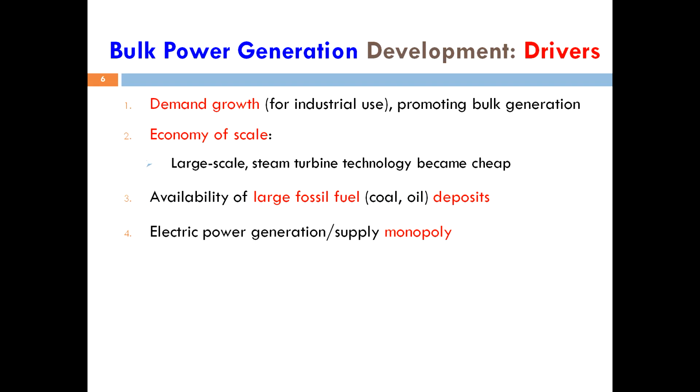So all of these factors, starting in the late 19th century and right through the 20th century, were the drivers for the development of the bulk power generation and supply system that we see today.